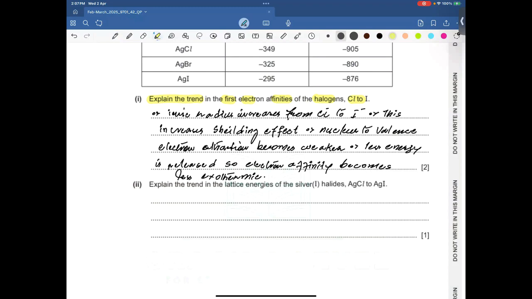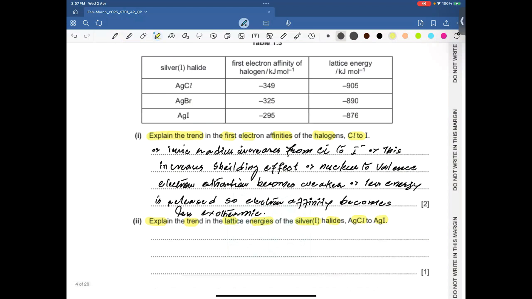Now the next part of the question is explain the trend in the lattice energy of the silver 1 halide from AgCl to AgI. Since silver is a cation and its charge will remain the same throughout the trend, we need to discuss the trend on the basis of these halide ions. And we know that down the trend, ionic radius of halide ions increases.